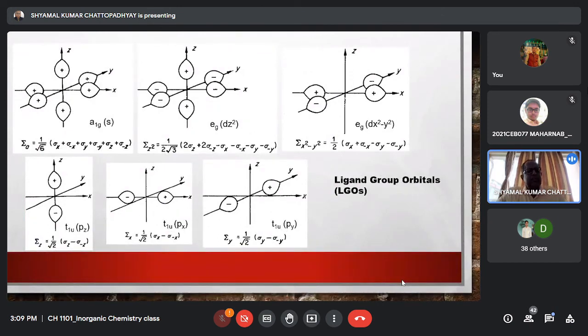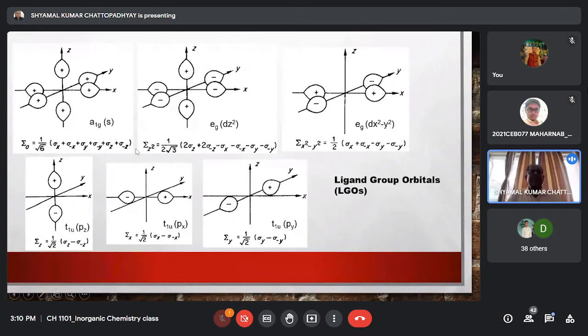Now, in the first step of the molecular orbital theory, you have 6 donor orbitals of 6 ligands, right? They are actually sigma donor orbitals. So this is plus z direction, minus z direction, plus x direction, minus x direction, plus y direction, minus y direction.